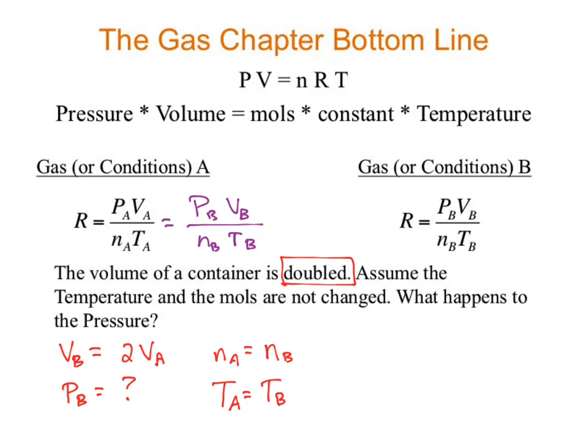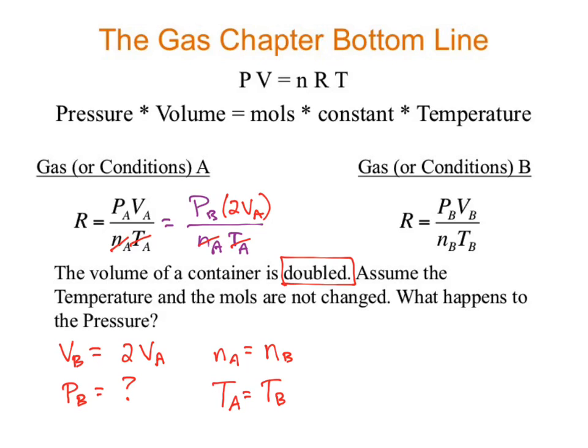Na I know is Nb. Tb I know is Ta. What did I say Vb was? 2 times Va. The Ns can cancel, the Ts can cancel.